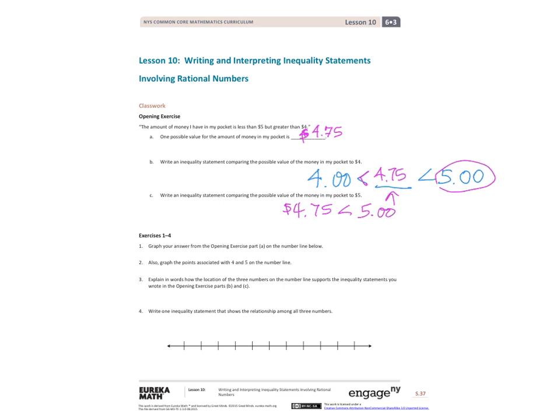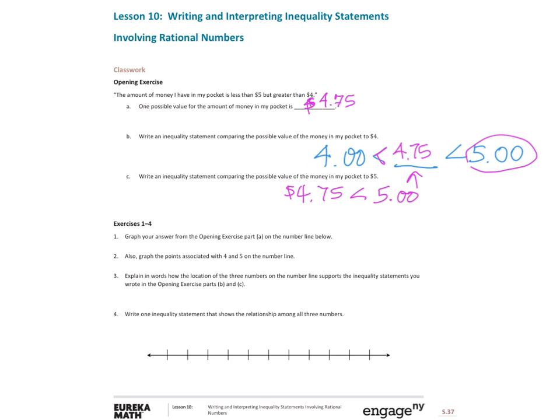Then on the bottom portion, I'll enlarge that just a little bit. Graph your answer from the opening, what we just did, on the number line below. So what they're asking me to do is, here's my $4, right? And I'm going to have my $5 way up here.